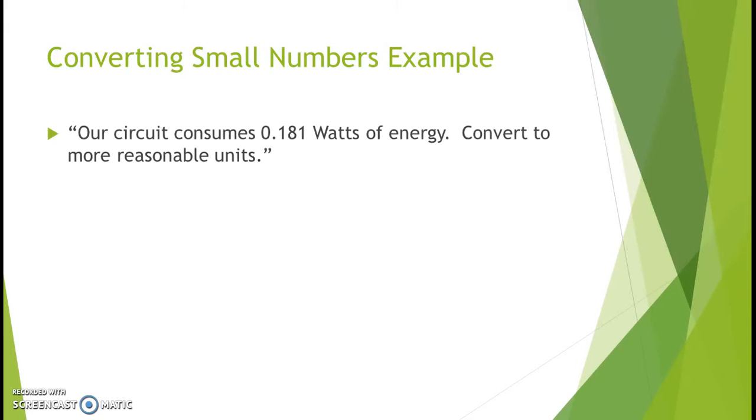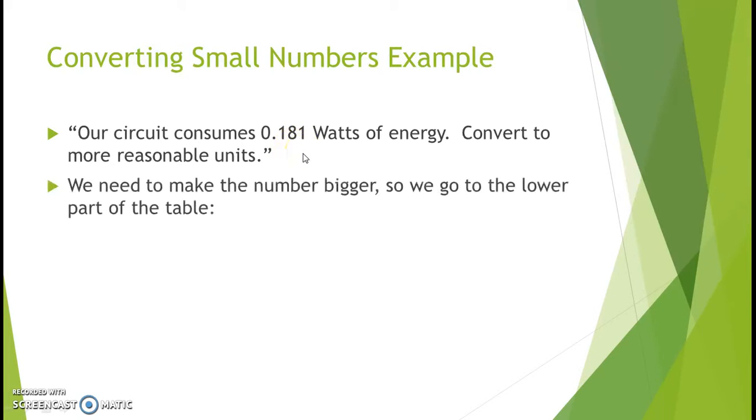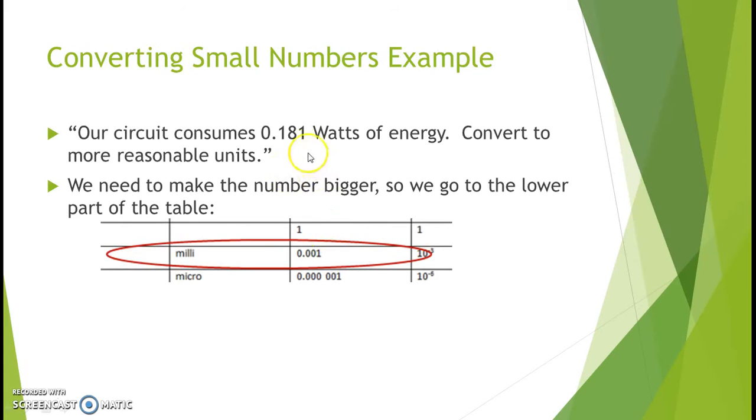Small numbers, very similar concept. So if our circuit consumes 0.81 watts of energy and we want to convert it to more reasonable units, something between 1 and 1,000, we go back to our table and we look for something that's going to move our decimal 3 places. We need to move it 1, 2, 3 places, and that'll give us a reasonable number.